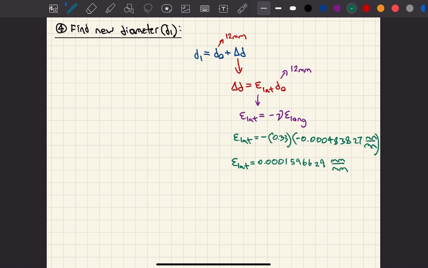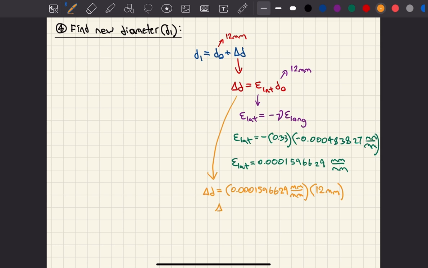Now what do I do? Well, I plug it back into my original equation to find delta D. Delta D is equal to my lateral strain, 0.0001596629 millimeters per millimeter, multiplied by my original diameter, 12 millimeters.